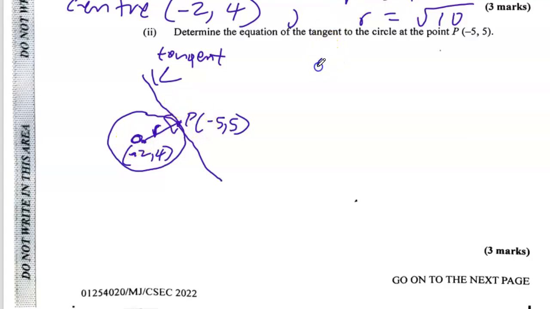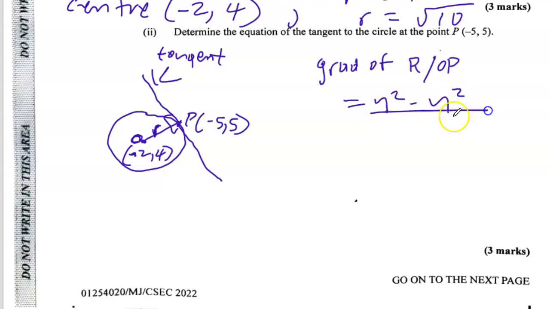So the gradient of the radius OP, the line that runs from the center O to the point on the circumference, is (y2 minus y1) over (x2 minus x1).